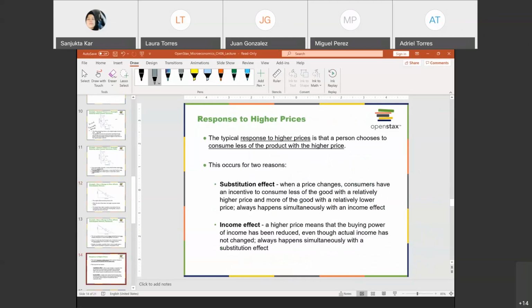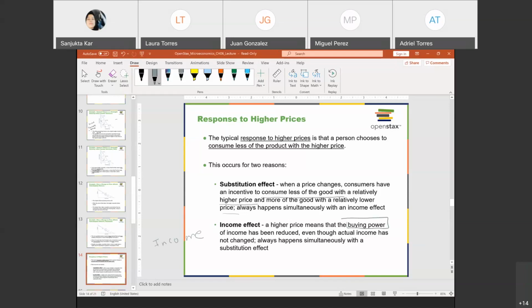Then we come to the concept of substitution and income effect. When price rises, you want to buy less of that good with relatively high price, and you want to buy the other good which has a relatively low price. Income effect means if the price goes up, your buying power has gone down. Your income might not have changed.